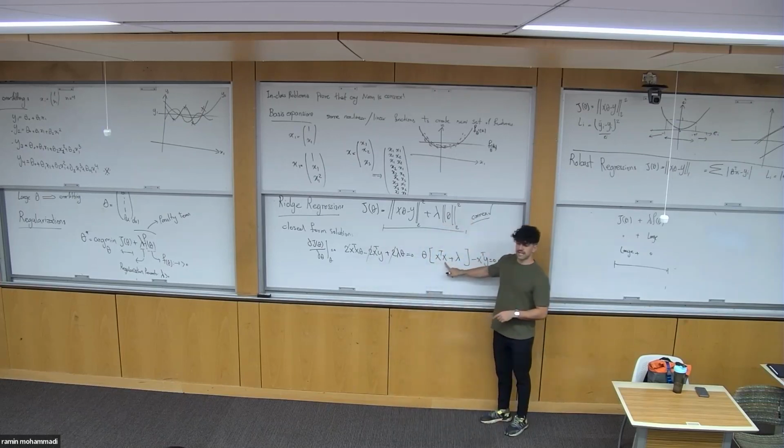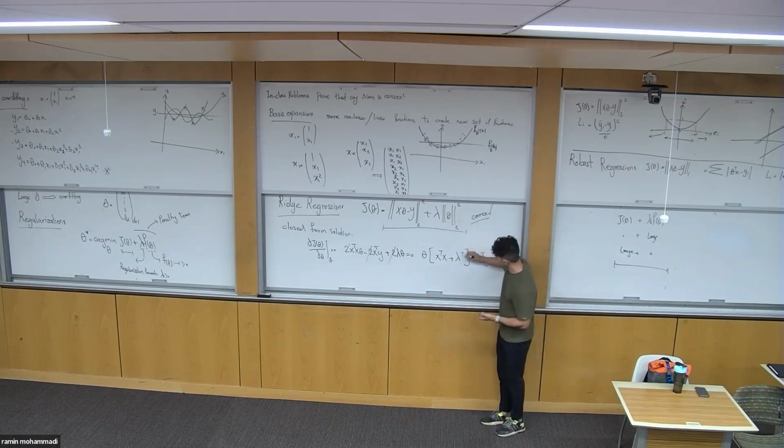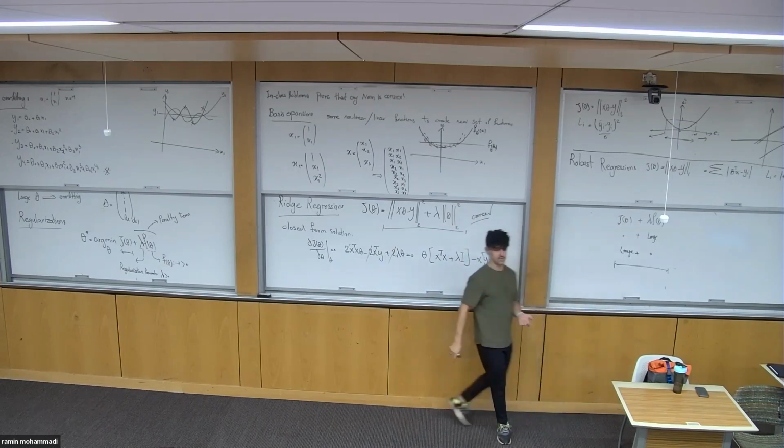X transpose x is a matrix d by d, right? Because x is n by d, x transpose x becomes d by d. D by d plus lambda, which is a scalar, is not possible. What should you do? You cannot do a matrix plus 5. What would you do? Multiply by the identity matrix. That's the only reason we do that, because lambda is a scalar. You cannot add it to a matrix, right?